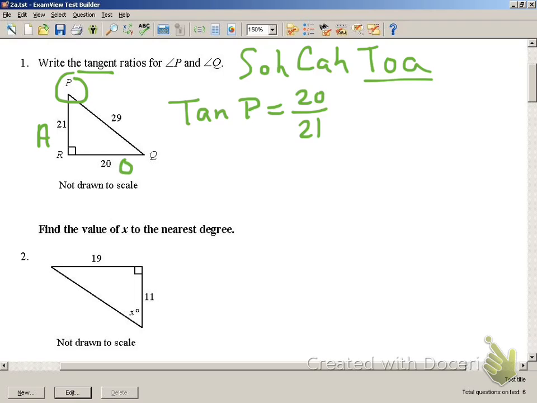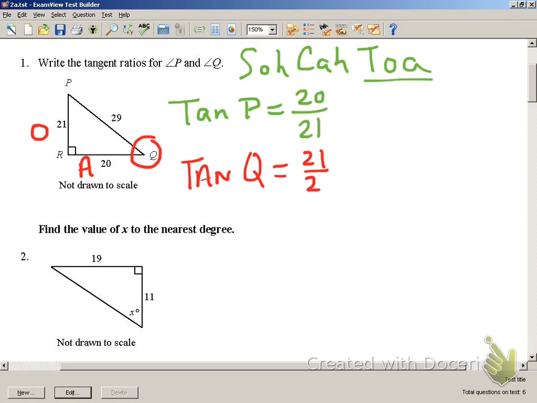But it asks for both the tangent ratio of angle P and angle Q. So since we're changing the angle to angle Q, my opposite side is here, my adjacent side is here for angle Q. So tangent of Q equals 21 over 20.